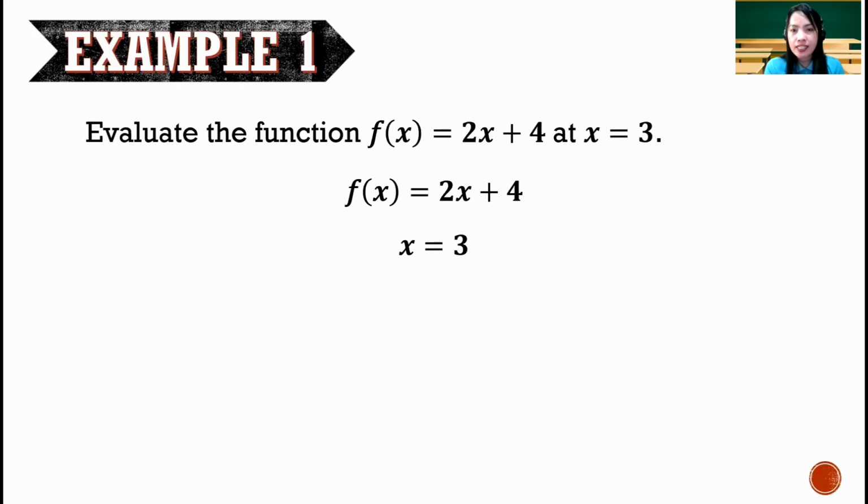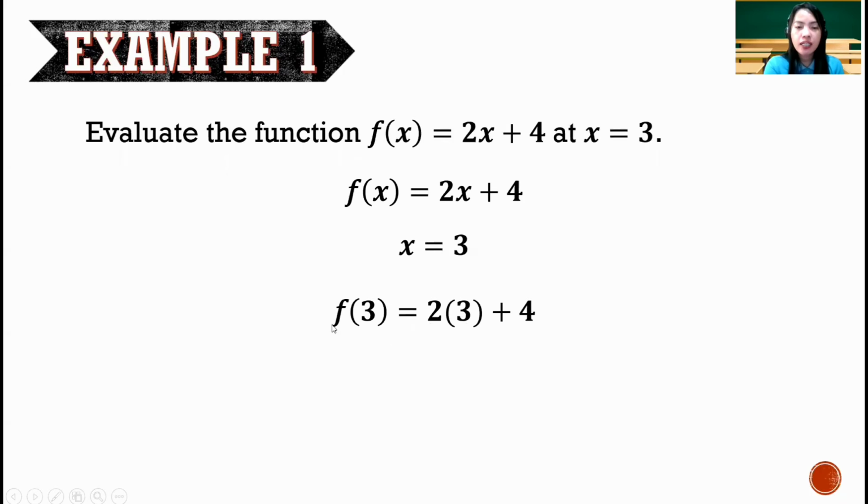In this case, sa example 1, ang value ng x ay 3 at i-substitute o ilalagay natin siya as a replacement doon sa function na given. Instead of writing x here, sinulat natin yung value ng x, which is 3.